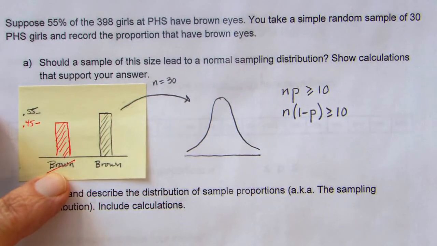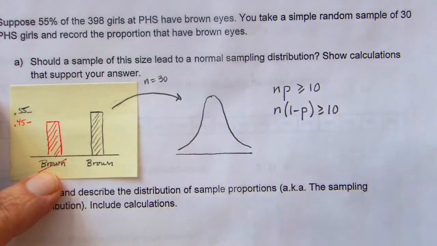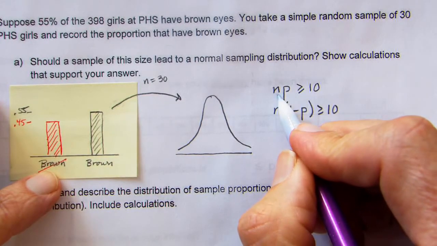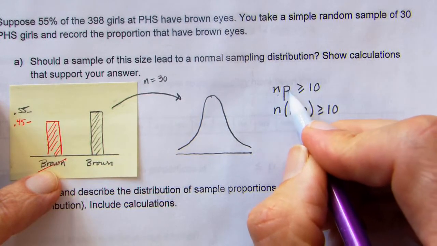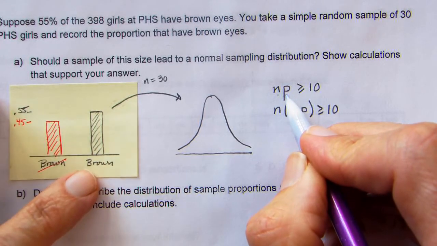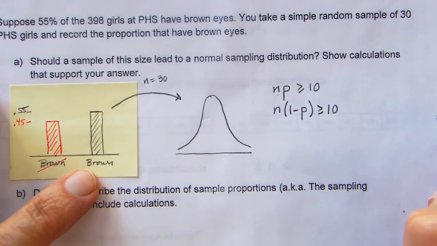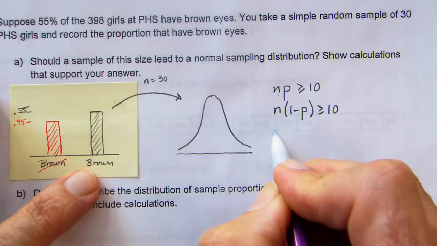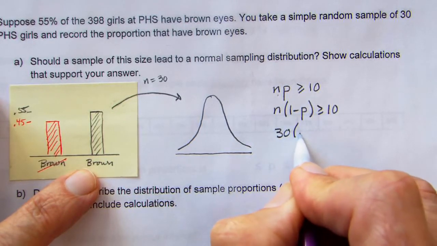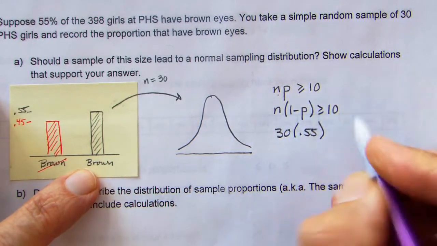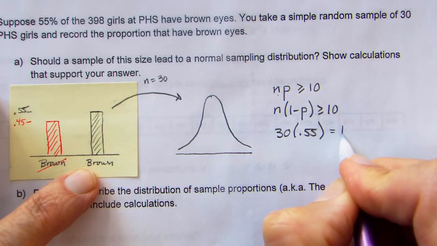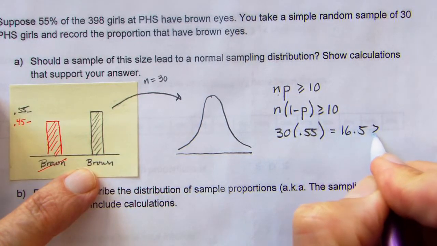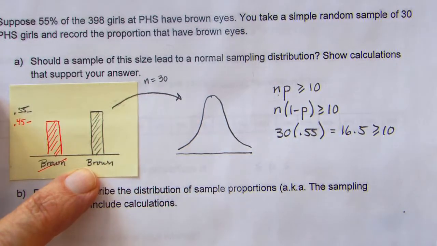In this particular case, n is the number we sampled, which is 30, and p is the proportion of brown-eyed girls. So 30 times 55% equals 16.5, and that's greater than or equal to 10, so we're off to a good start.